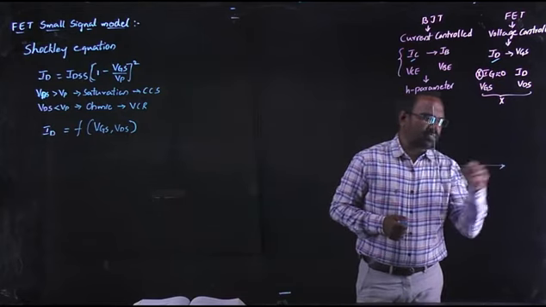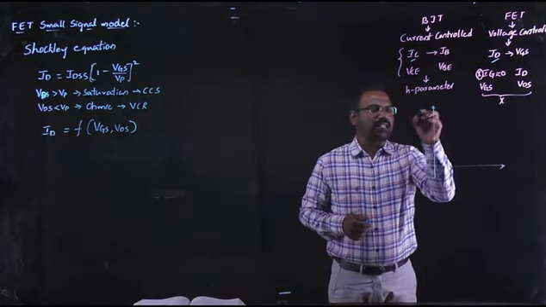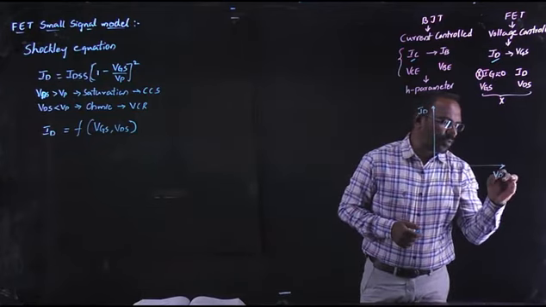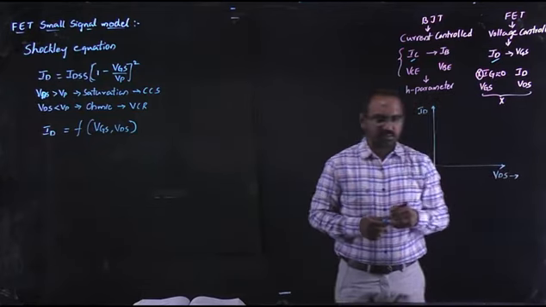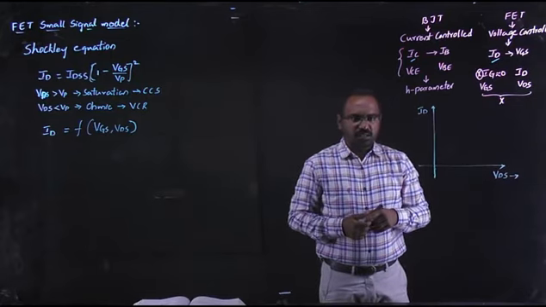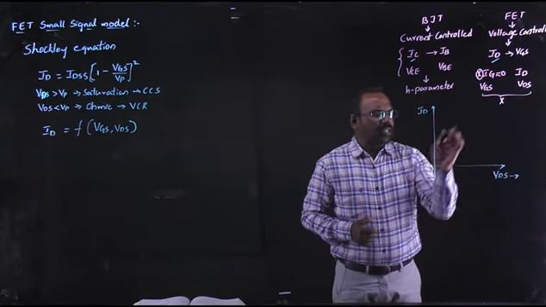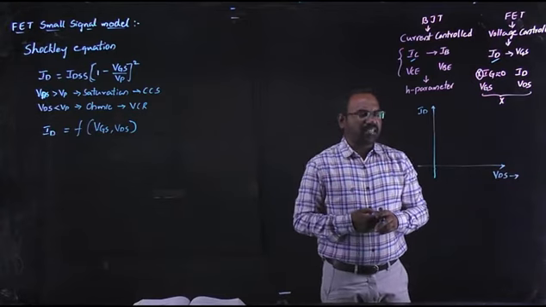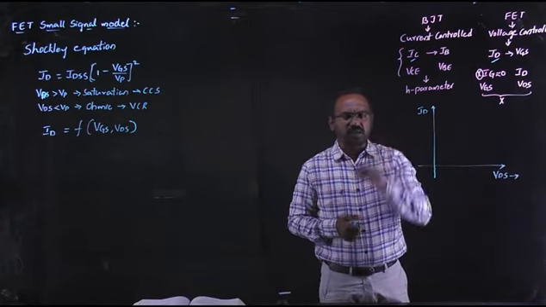So once we look at the output characteristics of the field effect transistor, they are like this. The output characteristics are drawn between ID versus the output voltage VDS. Here these characteristics depend upon the input voltage. Let us assume the input voltage VGS is equal to 0.